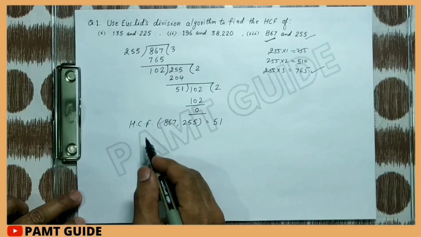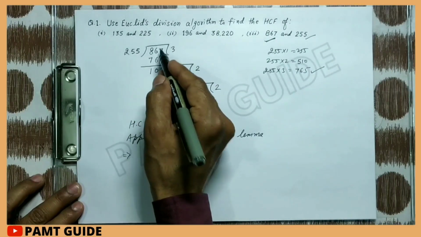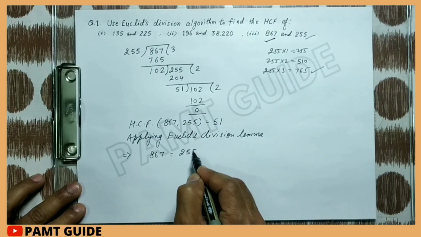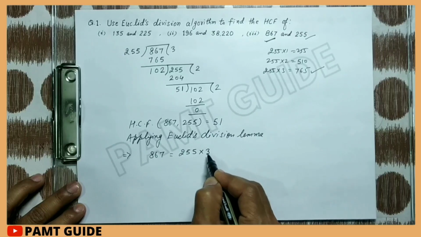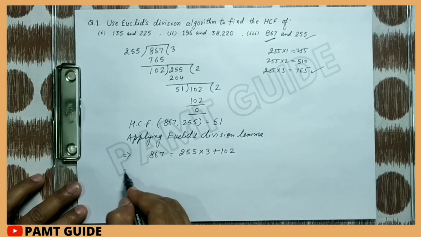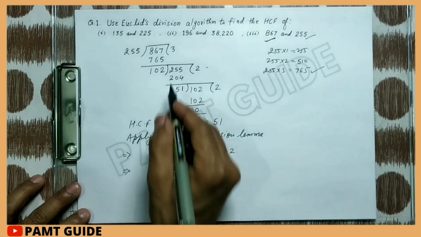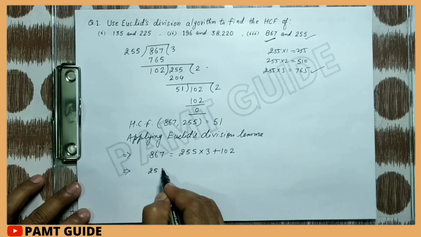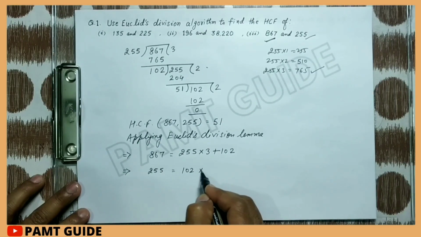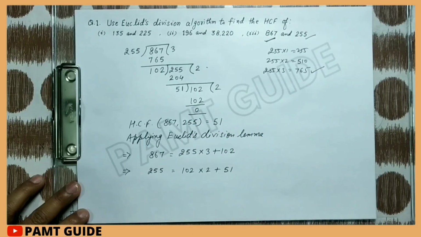Now by applying Euclid's division lemma, we can write 867 equal to 255 multiplied by 3 plus remainder 102. And in the second division we are seeing that 255 equal to 102 multiplied by 2 plus remainder 51.